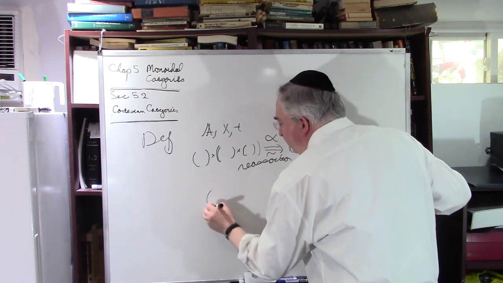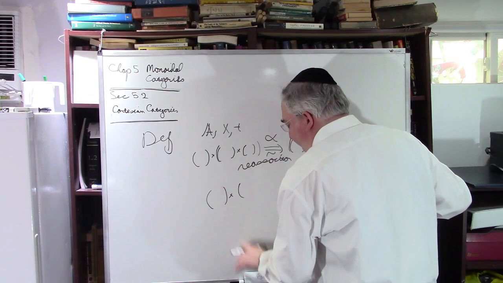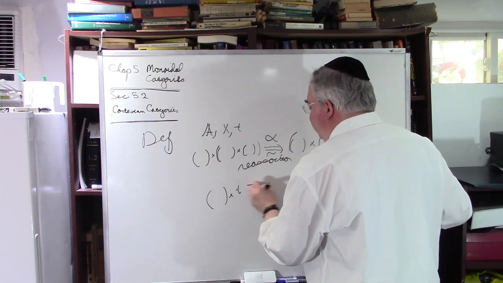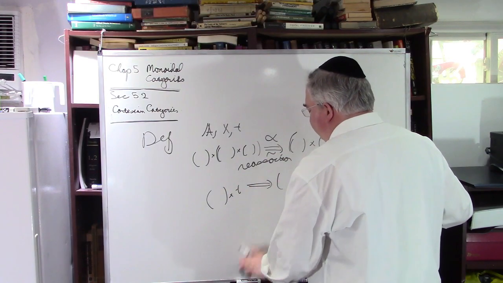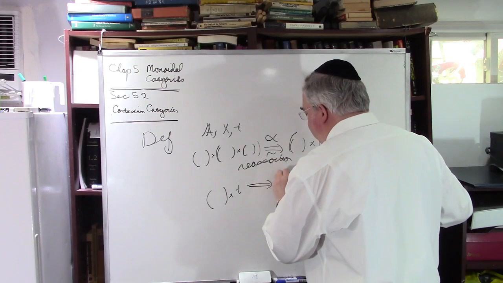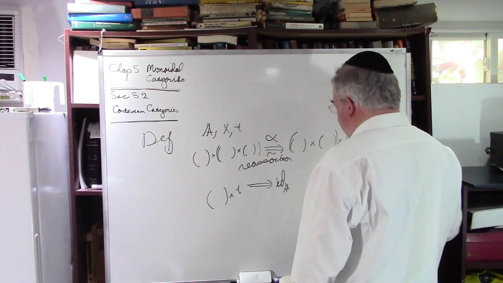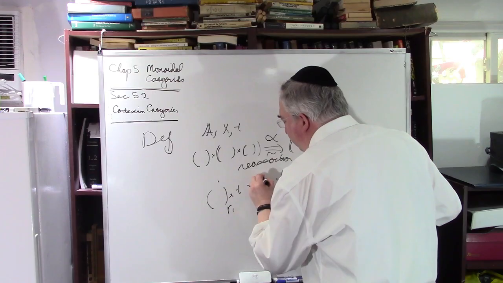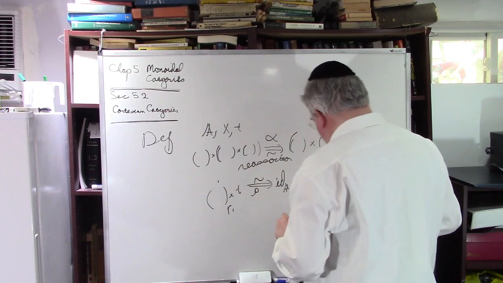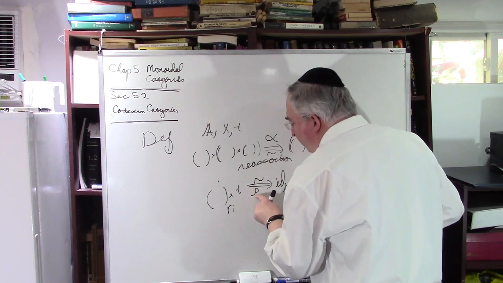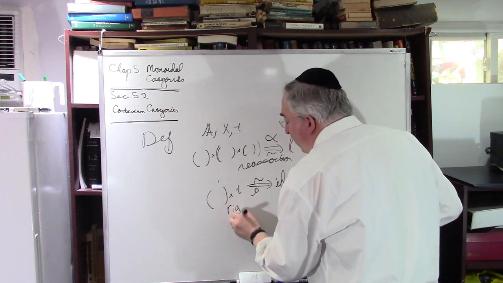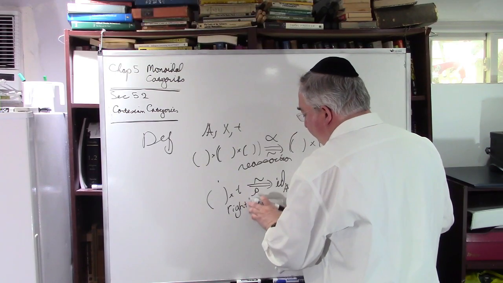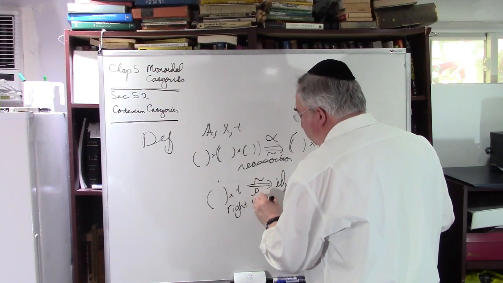Let's do another one. There's a natural transformation from this functor to, let's call it the identity of A, and that is called a right, also a natural transformation, written like that, and that's the Greek letter rho, a right unitor.